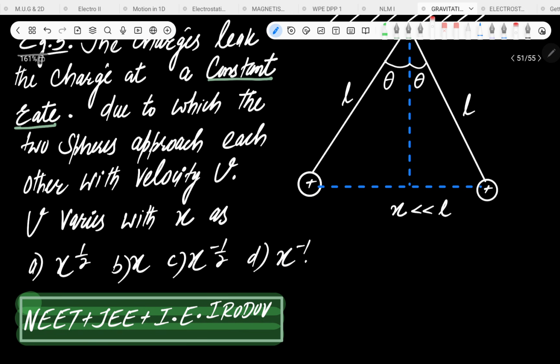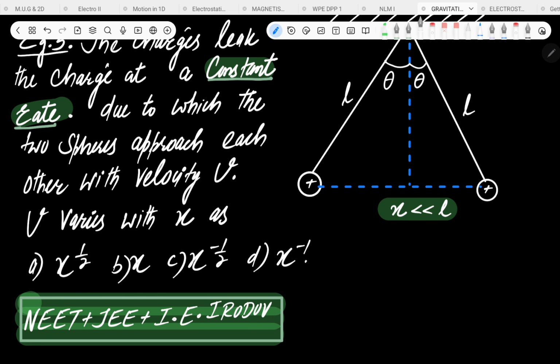Okay, so let's try to solve this question, and there's an important condition given to you. Let me highlight that condition for you, that is x is very small compared to L, a very important condition. Okay, so have a look at these two important parameters. Number one is that it leaks out charge at a constant rate. That's very important. Number two is that x is very small compared to L.